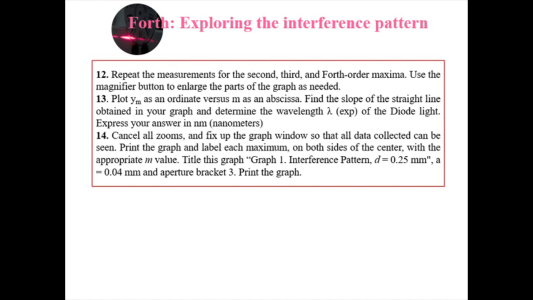Plot Ym as an ordinate versus m as an abscissa. Find the slope of the straight line obtained in your graph and determine the wavelength of the diode light.